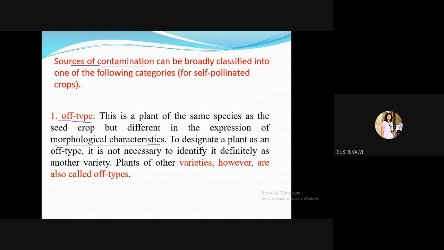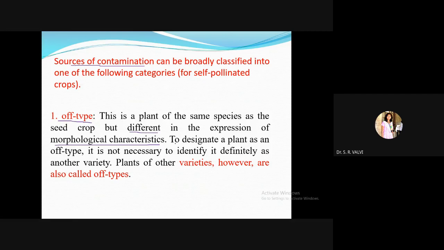So the same species of that particular genus is present, but the plant gives different morphological characteristics; the plant which shows different morphological characteristics should be considered as off type.